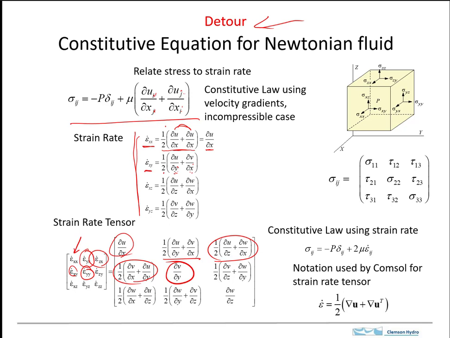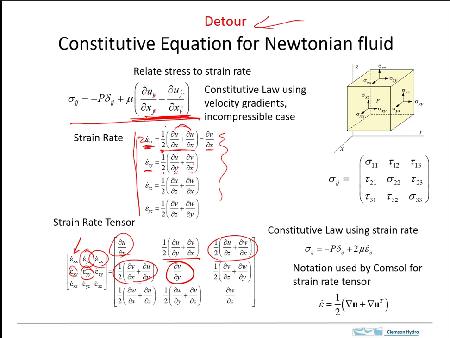So that's the strain rate tensor, and you can see that this is related to this. We just have that 1/2 term there. So if we take the strain rate and multiply by 2, we get this term in our constitutive law.